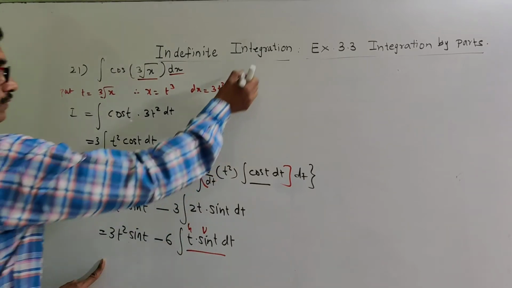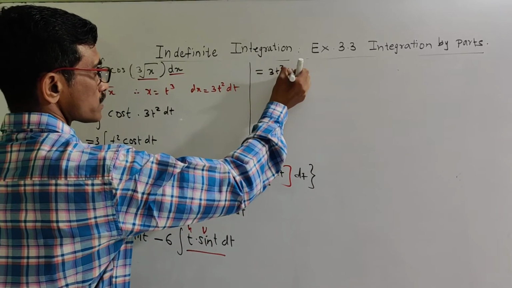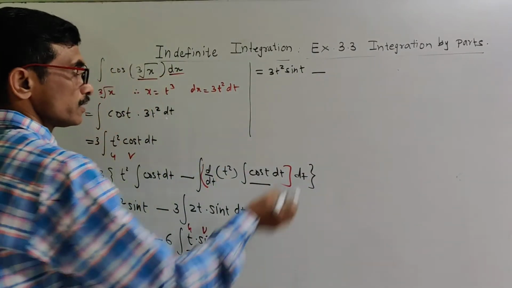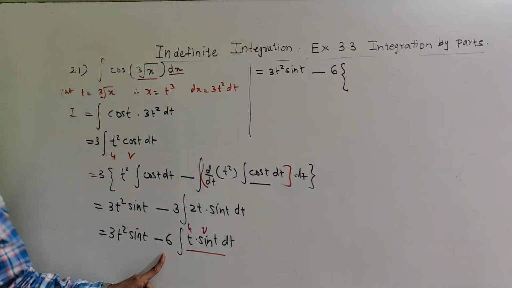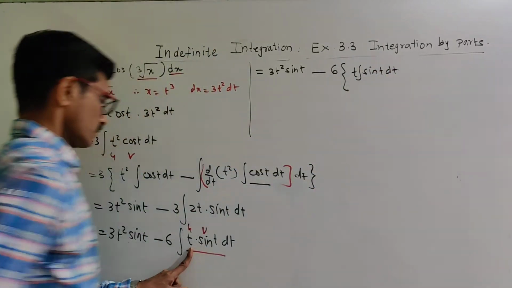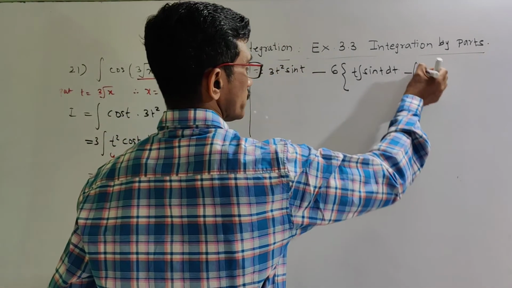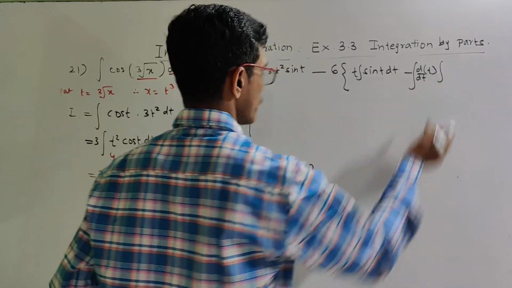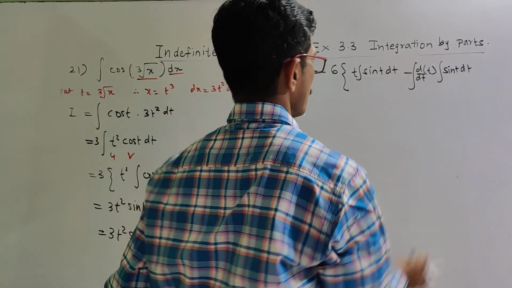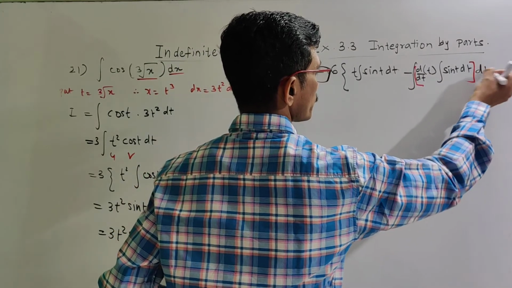So 3t square sin t minus 6 into, integrate by parts, t as it is, integral of sin t dt, minus integral of derivative of t, that is d dt of t, and integral of sin t dt, this is here bracket and dt.